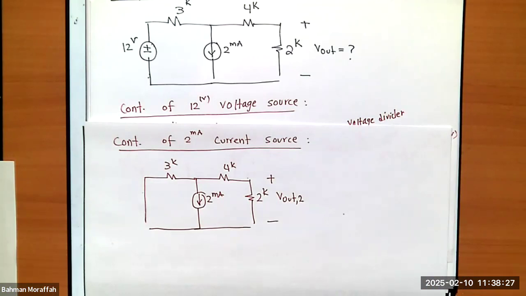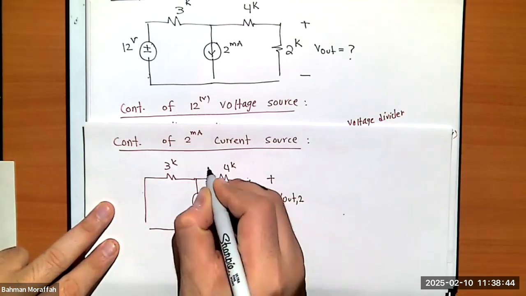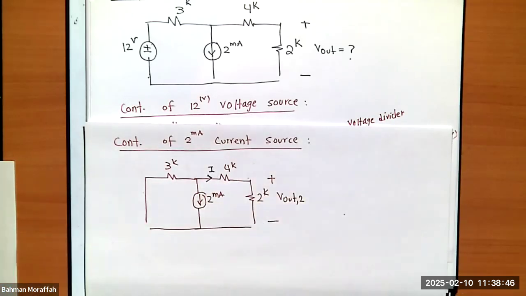What is this circuit? Again, we know the circuit. It's a current divider. I have a current source in parallel with 2 resistors that are in parallel. Right? So if I call the current through here I, what is I?